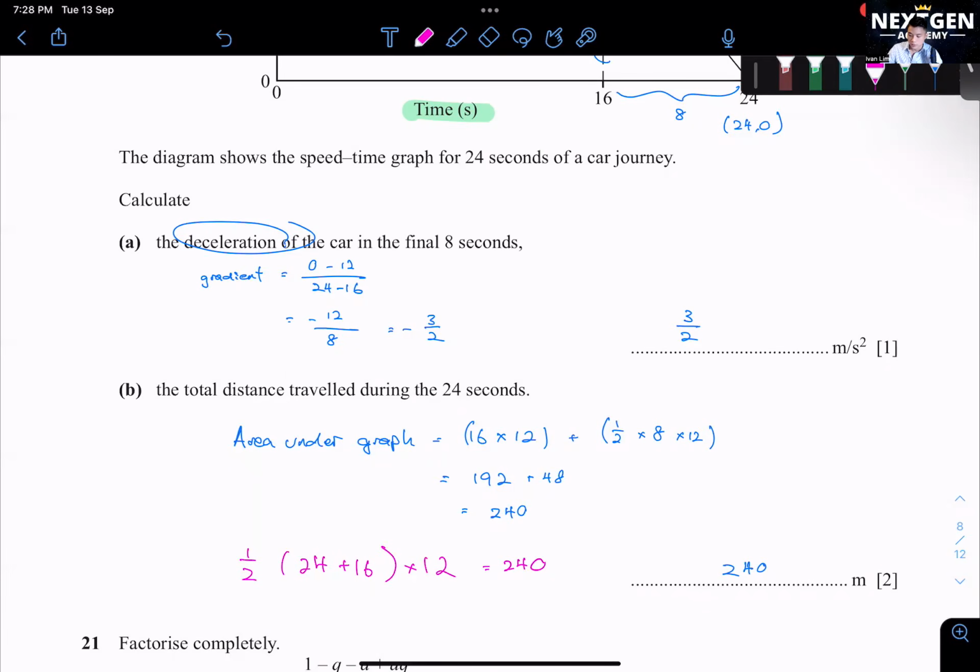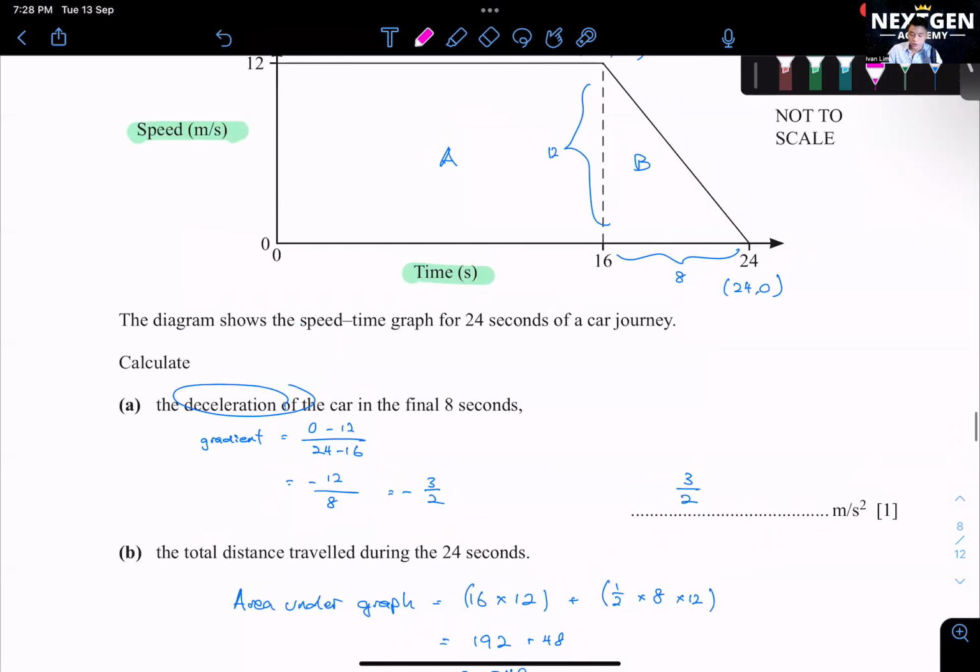Y times 8. What's the formula of a triangle? What's the base of the triangle? And what's the height of the triangle? You can see it.